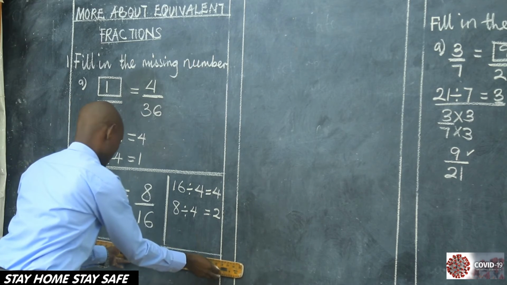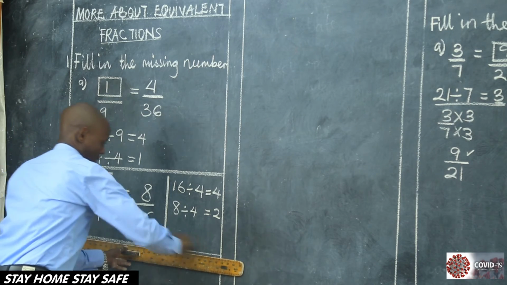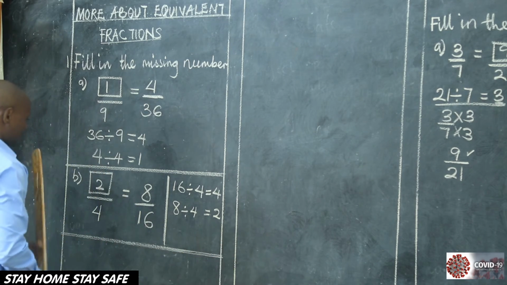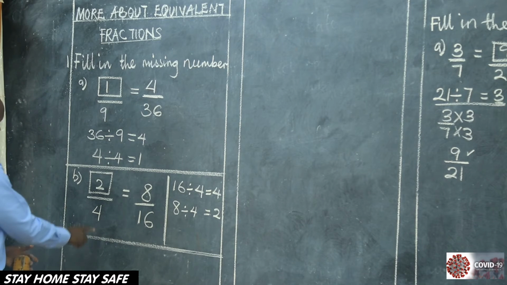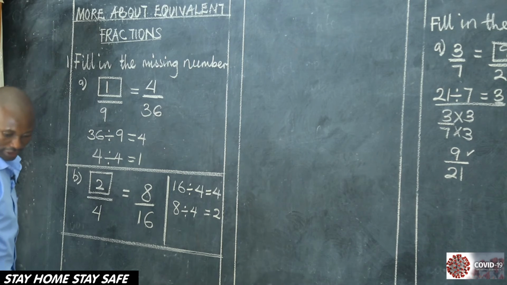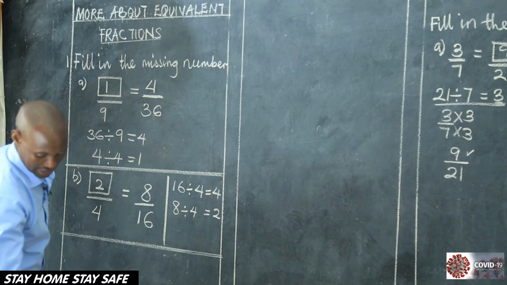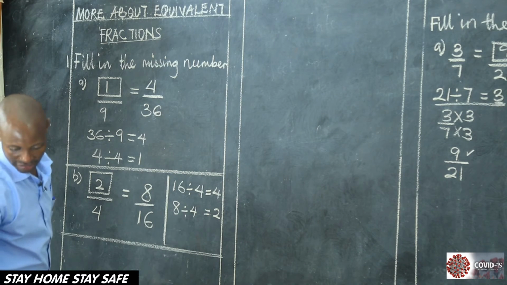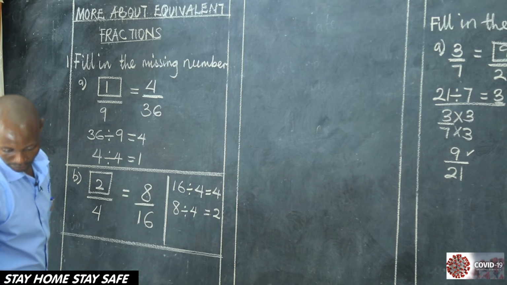Let's look at another example. This time, when the denominator is not given. We are going to look at another example where the denominator is not given.